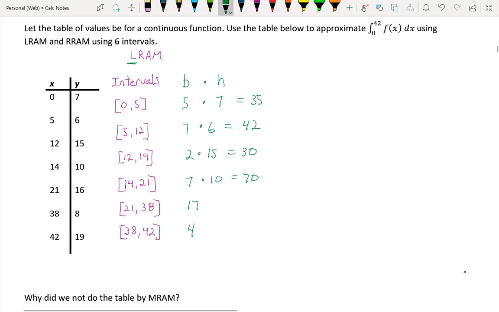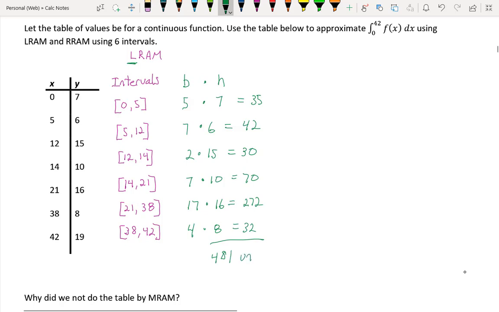That equals 70. The height on the next one at 21 is 16. So 17 times 16, I'm going to have to cheat here, that's 272. And then the last one, the height at 38 is 8. So that's 32.